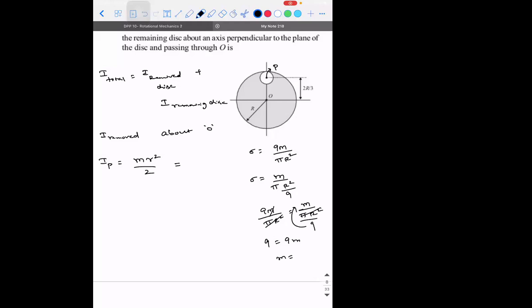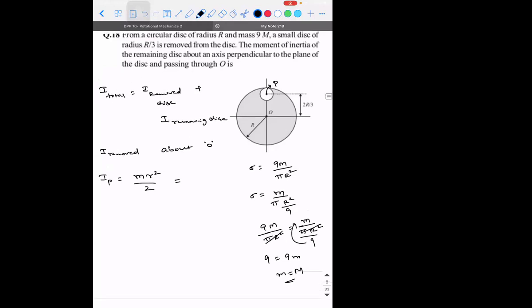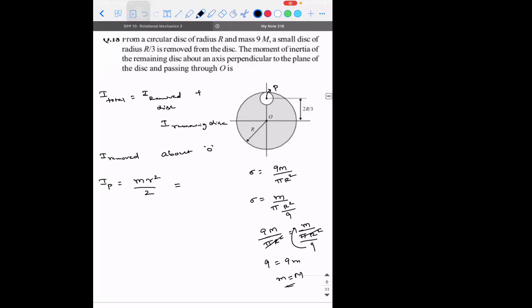So small m will be equal to capital M. So the mass of the disk that is removed is capital M, where 9M is the total mass of the disk. Correct? So it is capital M into r square divided by 9 divided by 2. So as you told, it is Mr square by 18.